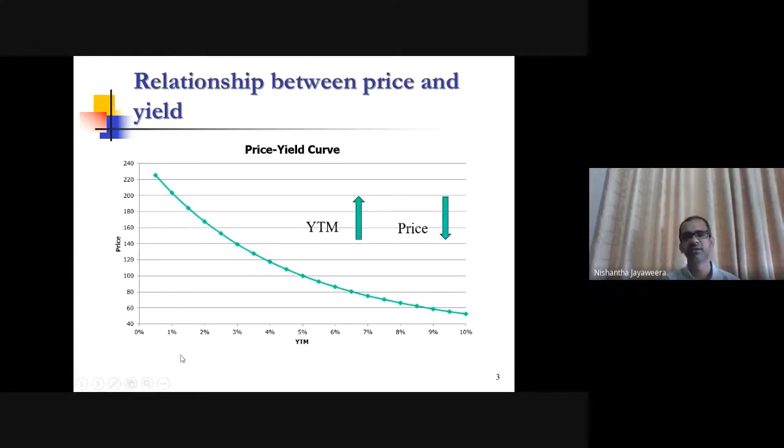So even when the interest rate changes by the same amount, price changes by different amounts. At different yields to maturity, the sensitivity of price to a change in interest rate is different, and that depends on this curvature as well. We are going to discuss how to measure that sensitivity and how we make the adjustment.